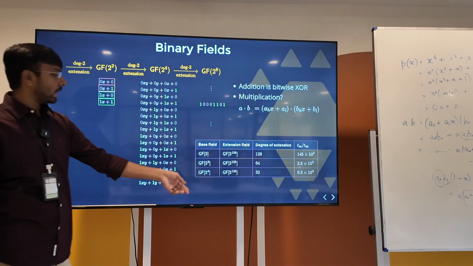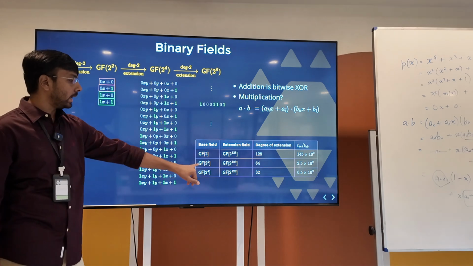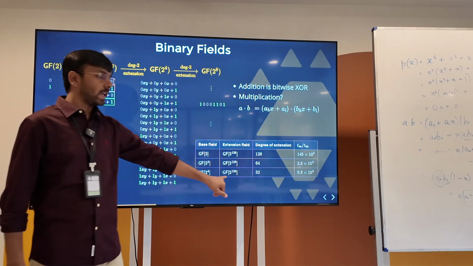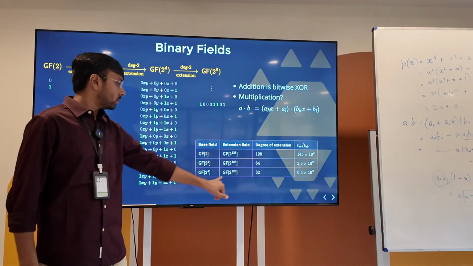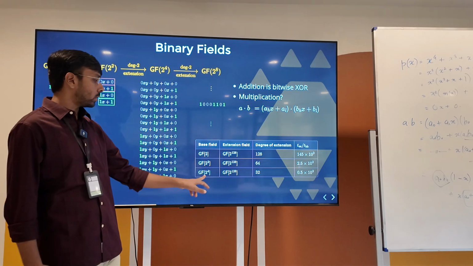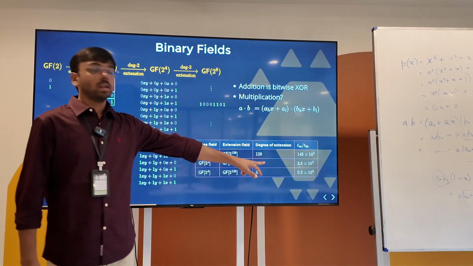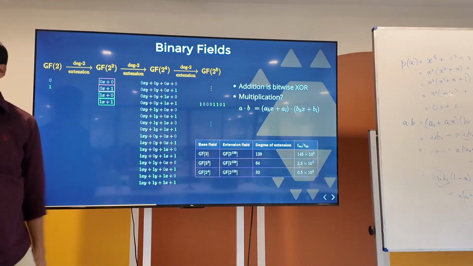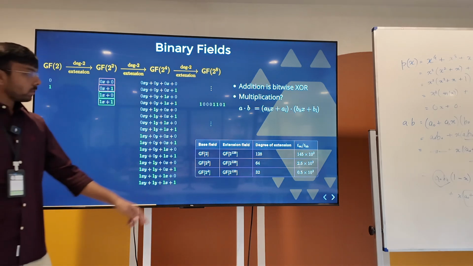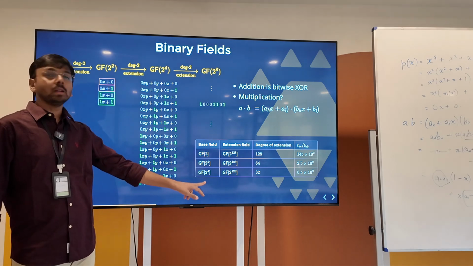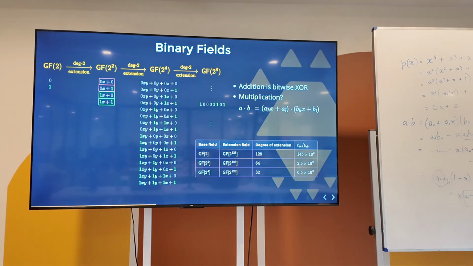Even if you take other configurations, let's say I take this as my base field and this as my extension field, a degree 32 extension, because from 4 bits you go to 128 bits, even in that case it's almost 50 times slower than one multiplication in the base field.